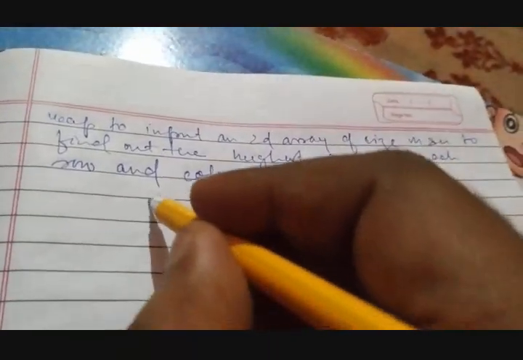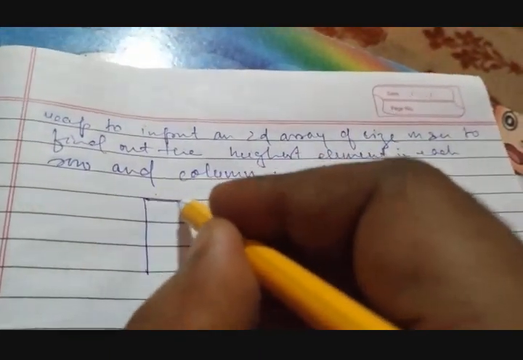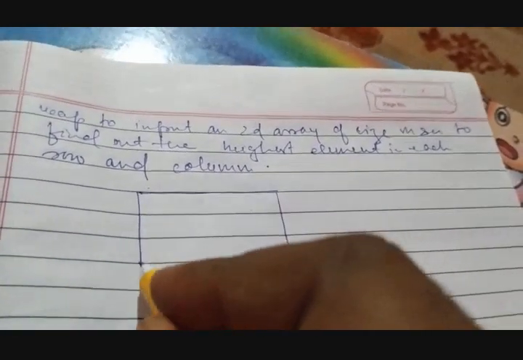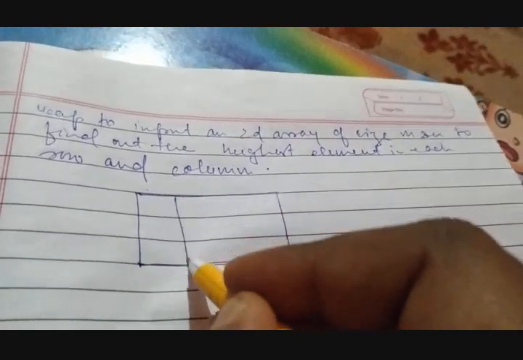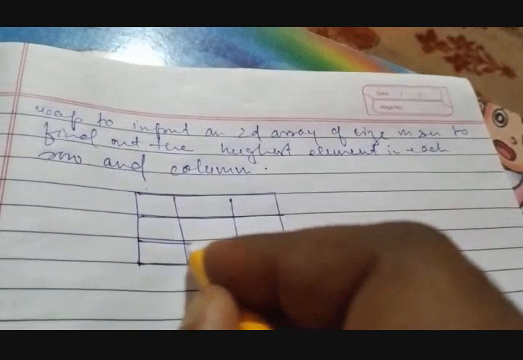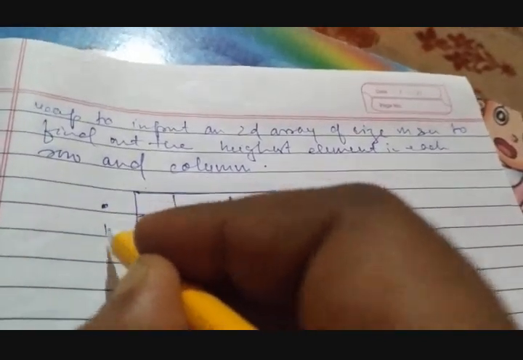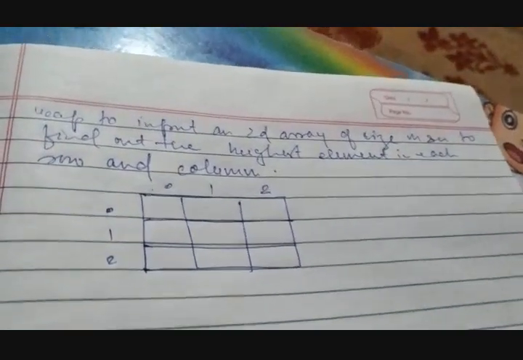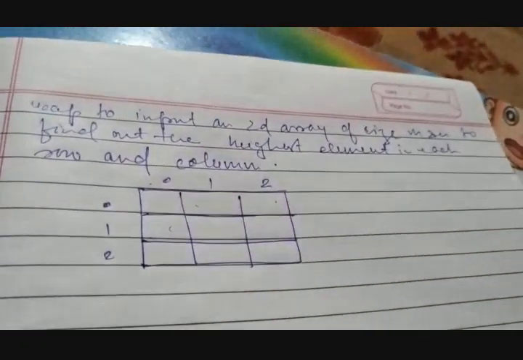What I mean here, now suppose we consider a 3 into 3 matrix, like last time. Indices 0 1 2, 0 1 2, 3 into 3, 9 elements are going to be here.